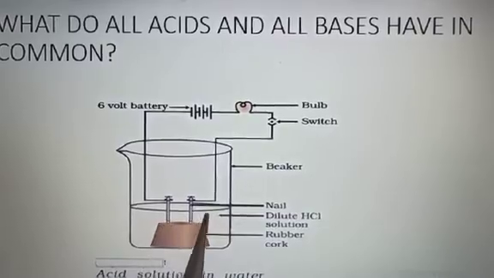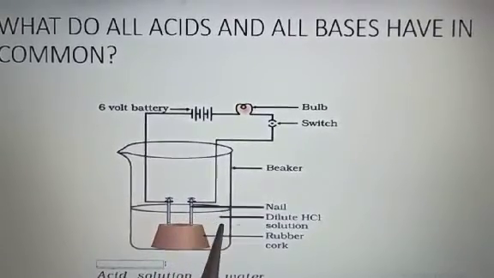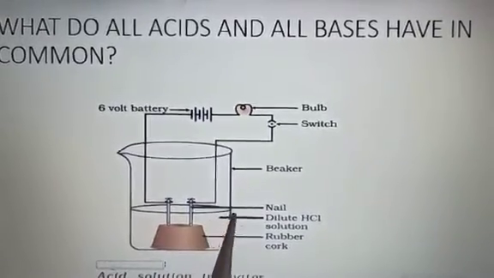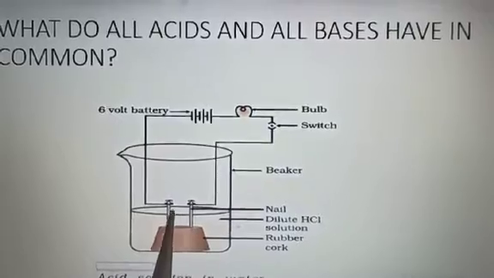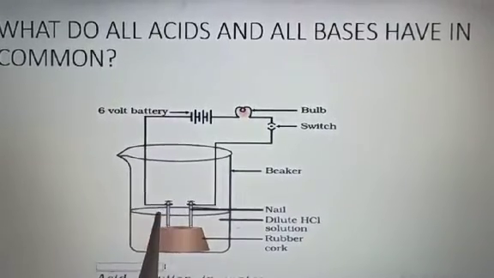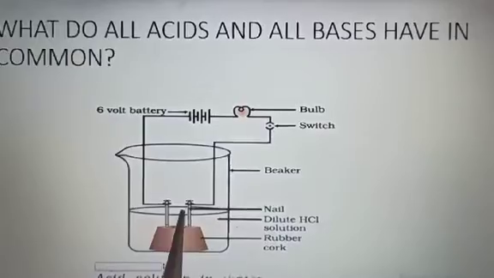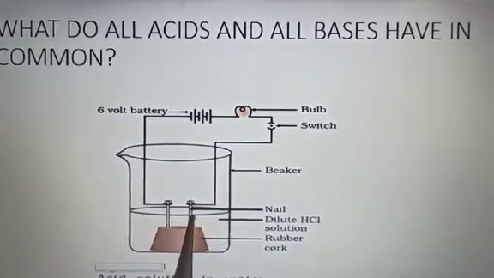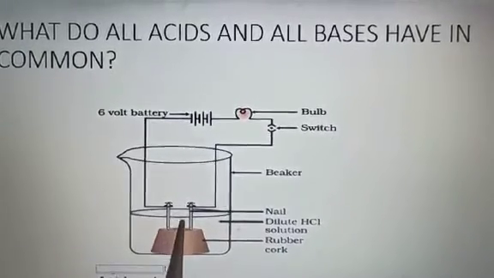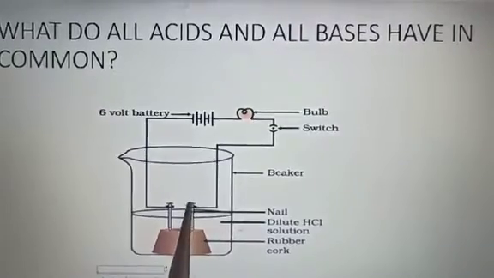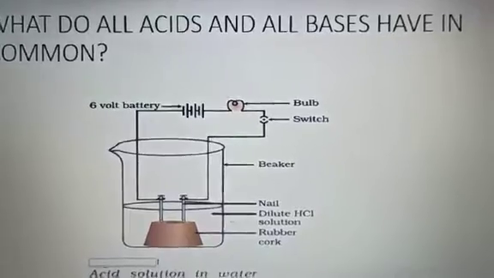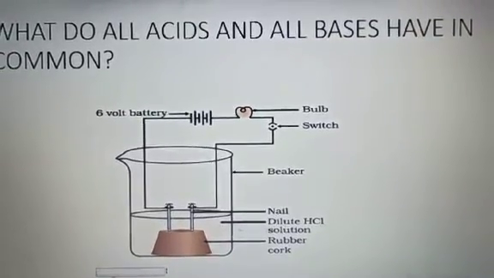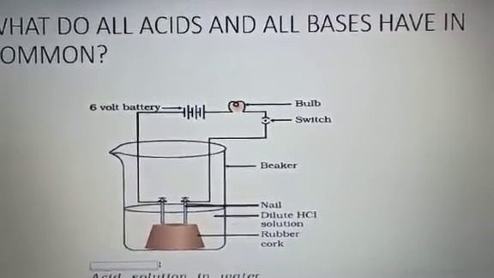But because of the solution which is here, that is HCl, or if you are taking H2SO4, it dissociates into ions, and because of the flow of these ions towards the positive and negative terminals of the battery, this circuit gets complete. So remember this, electricity will conduct only where the circuit gets complete, and the circuit will be completed in the cases where dissociation into ions takes place.